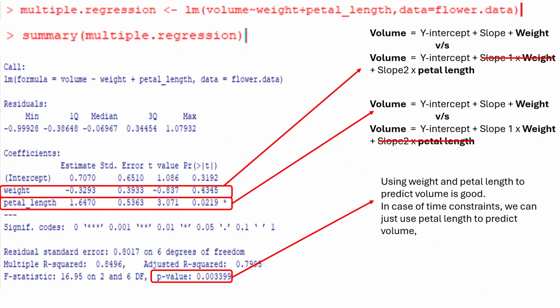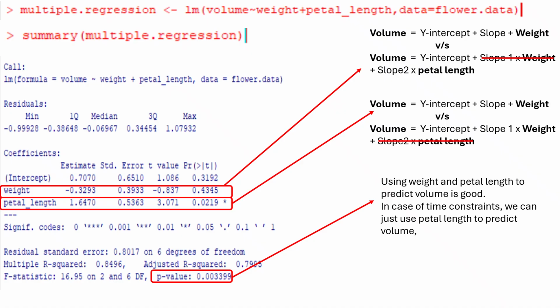states that using weight and petal length to predict volume is good, but in the row of petal length, the p-value which we get is 0.0219 with a star. Now the star here is a reference to the significance of the p-value of this particular result. Here the star denotes 0.01, which is a good value of p, since the value of p is supposed to be less than or equal to 0.05.